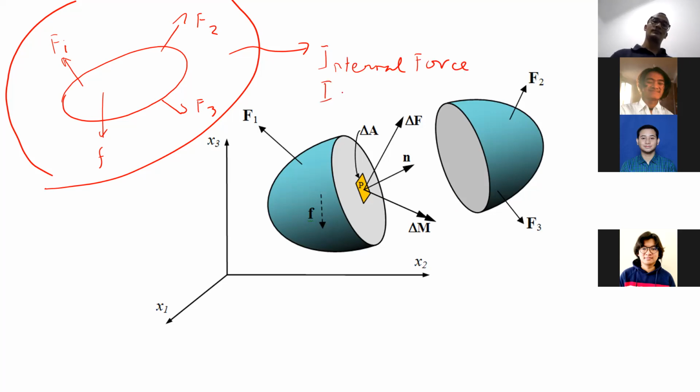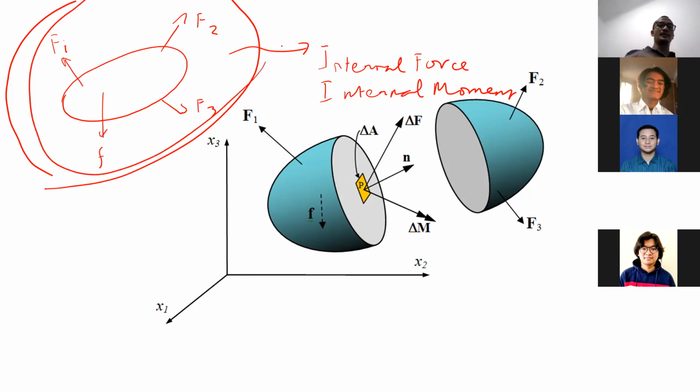And internal moment, of course. Okay, internal force and internal moment. And if we take a look at this particular system, this particular free body diagram, how to get internal force is actually very simple.